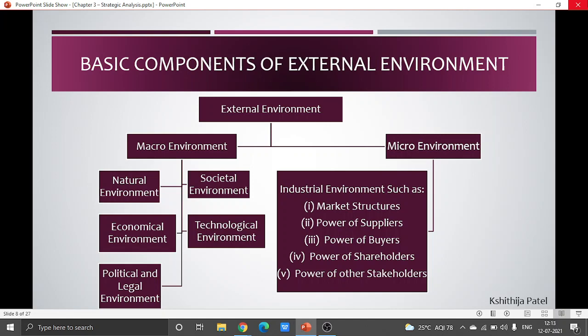The third one that we have is the economic environment. So when we speak of the economic environment, we can take it in terms of the global economic environment and also the macroeconomic environment variables. In today's world, there are various economies which are converging, especially at the global level.